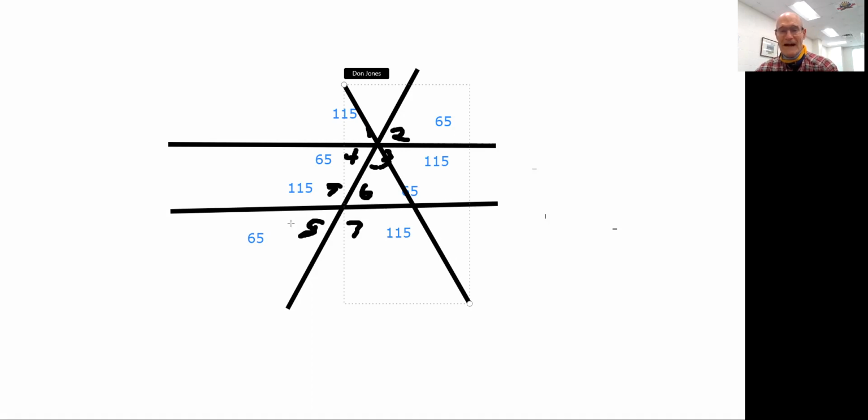This angle here, 5 and 4 are corresponding. 5 and 2 are alternate exterior. And then this angle here and this angle up here are alternate exterior. So you can go through and determine the measures of those angles, and then you can put down the reasoning.